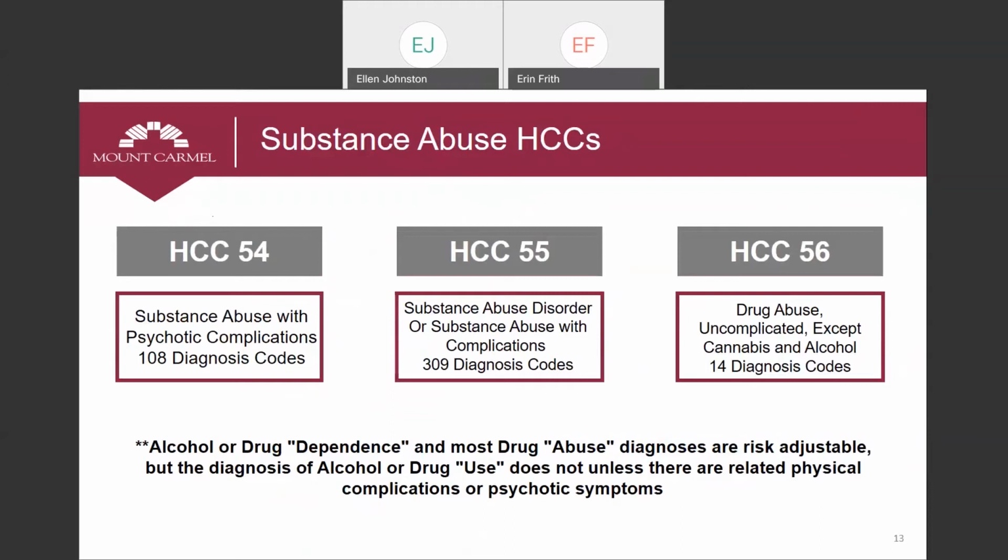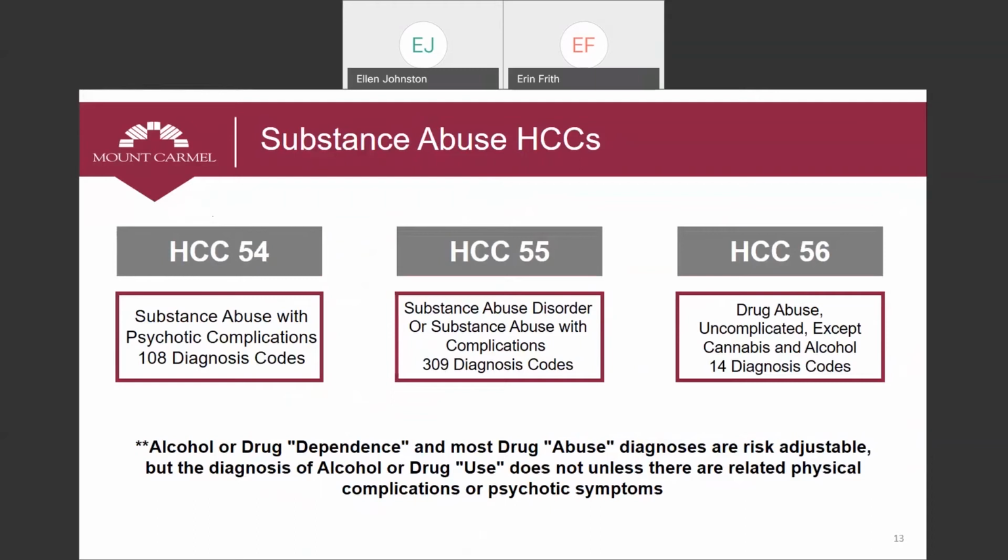There are 3 HCC categories that include substance abuse diagnoses: HCC 54, 55, and 56. These will be explained in detail in the following slides. There are 431 diagnosis codes that map to one of these 3 HCCs.